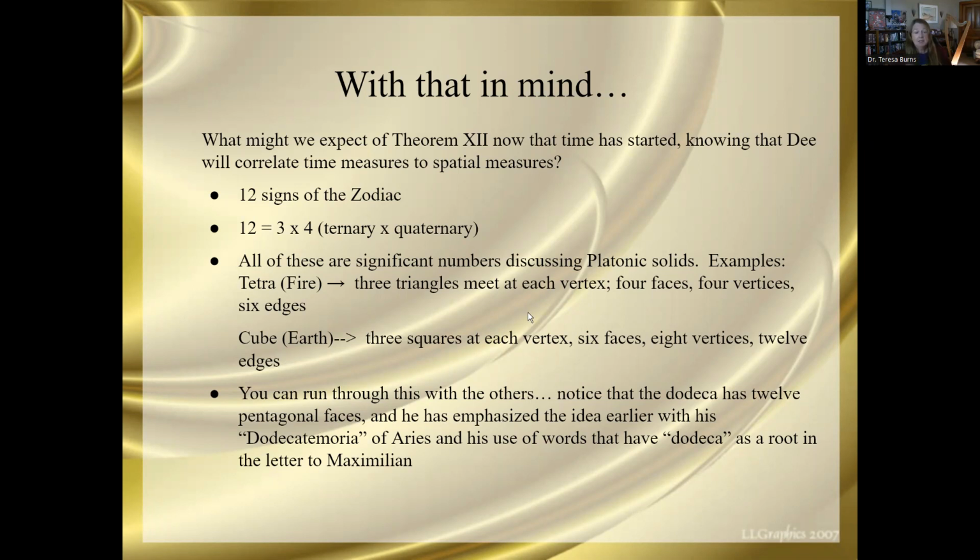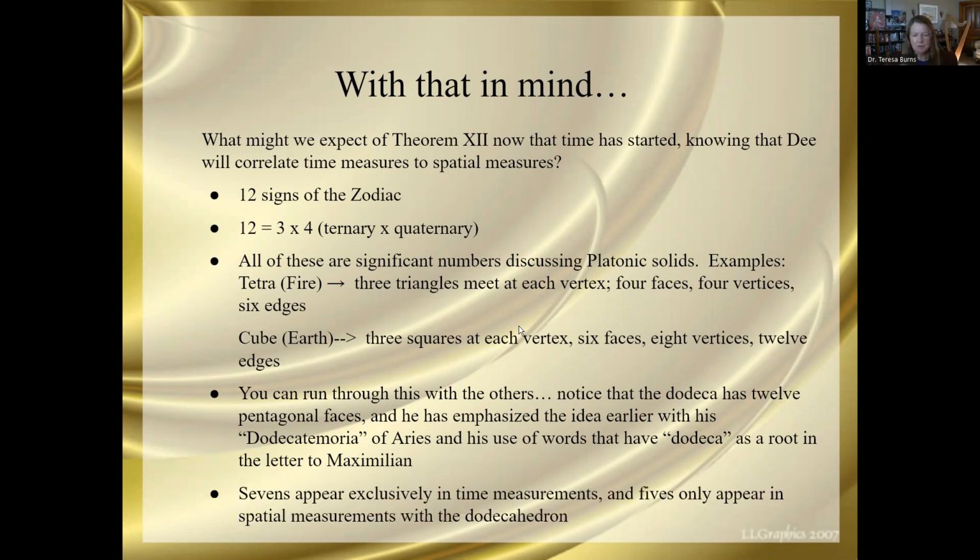It has 12 pentagonal faces. Pentagon has 4 lines make a pentagon. So he emphasizes this idea of dodecahedron often. We saw with Aries his dodecamoria of Aries, but in the letter to Maximilian, we saw when there was no reason to use a word with the root dodeca, he'd use it anyway, to kind of keep reminding you, okay, this is a perfect form.